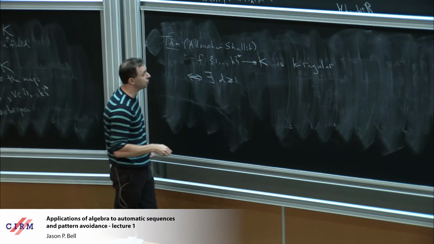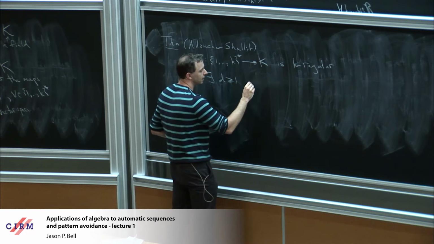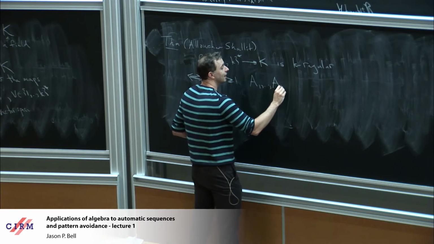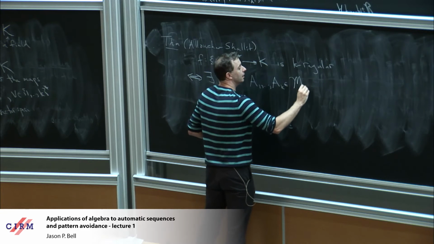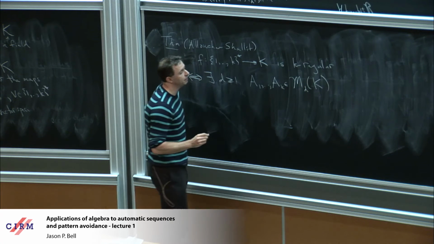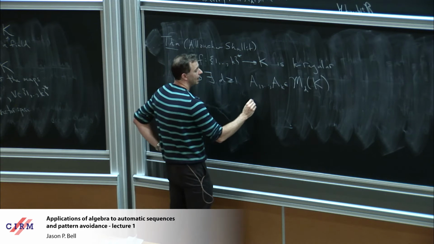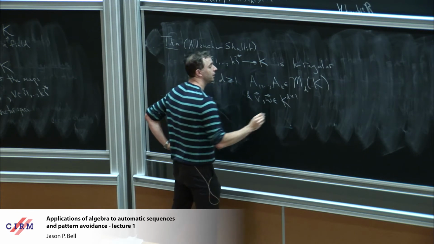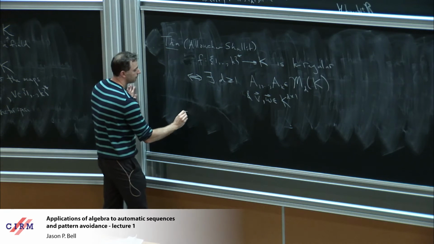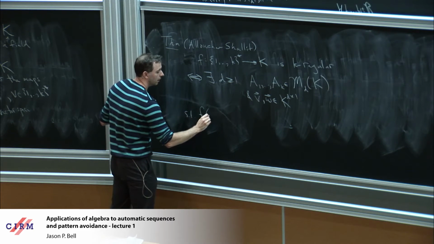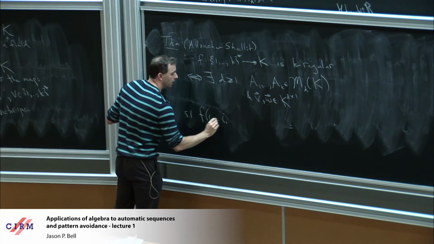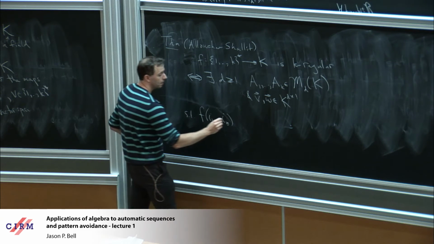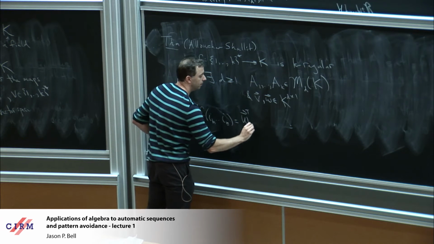There should be some integer d bigger than or equal to 1, matrices A1 through Ak with entries in the big field, M_d(K), and vectors V and W that are column vectors, such that if I want to know what f does to a word, there's this nice rule.